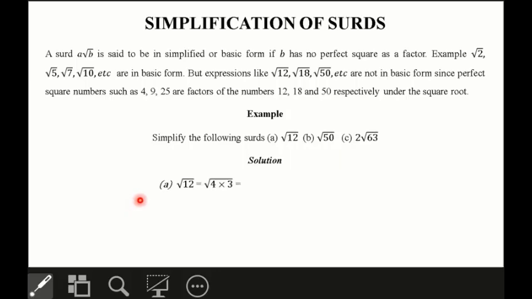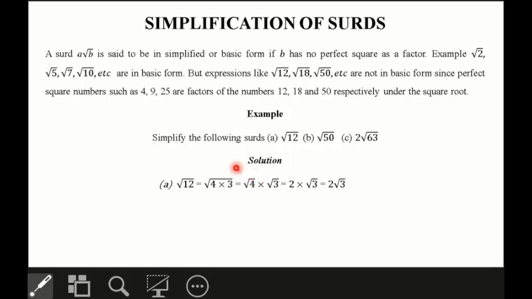When I have the root of 12, I can express it as the root of 4 times 3, right? Because 4 times 3 will give us 12. And I can split this expression as a multiple of 2 sets, which is the root of 4 times the root of 3.